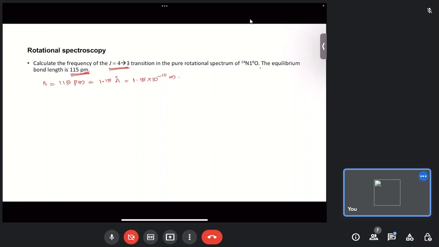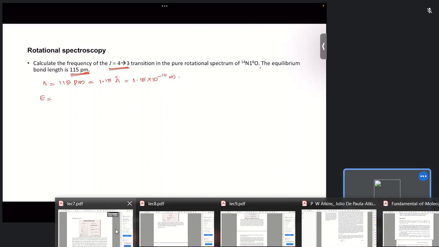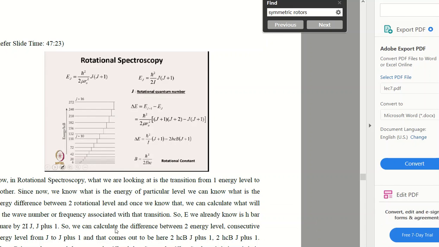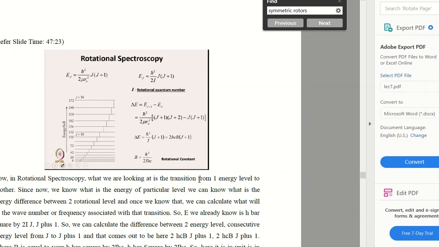So we know that the energy of transition is equal to h cut square by 2I into J into J plus 1.